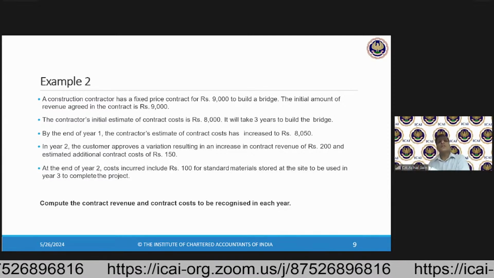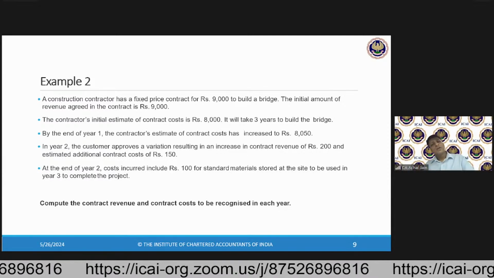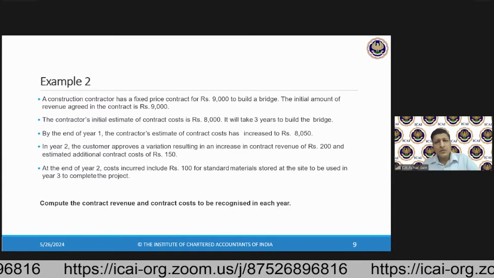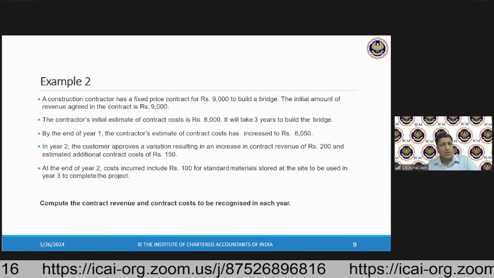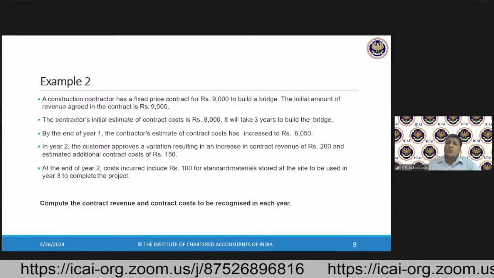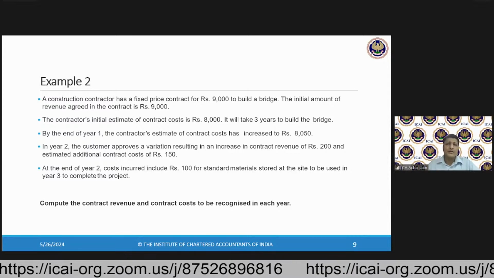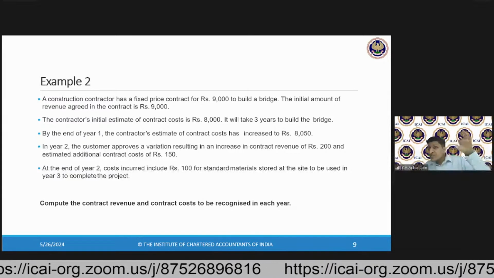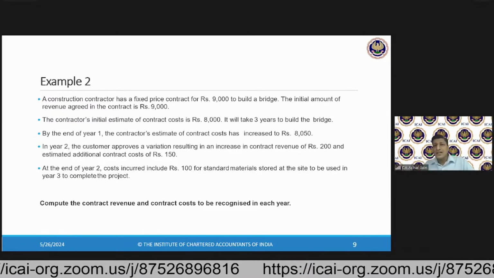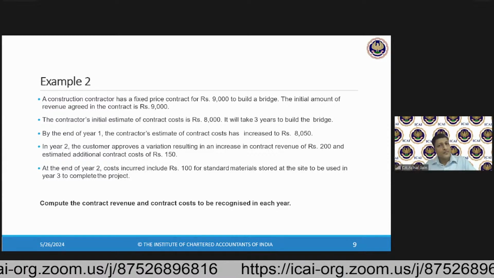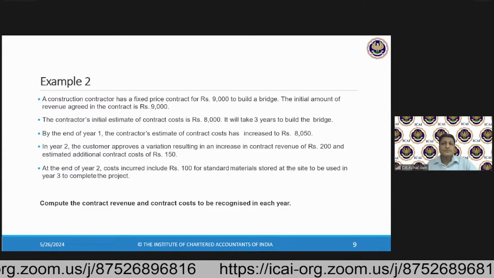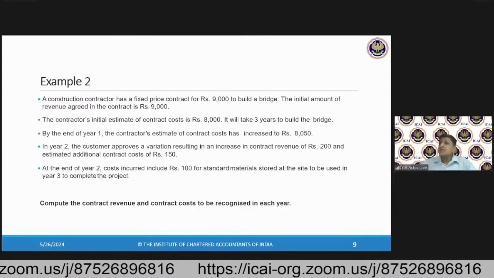Over a period of 4 years, if that is a 4-year period, you will recognize income, you will recognize profits. That profit has to come over the period. That is acceptable. But a loss sitting and waiting to be recognized is not acceptable. Understood? Everyone clear on this?